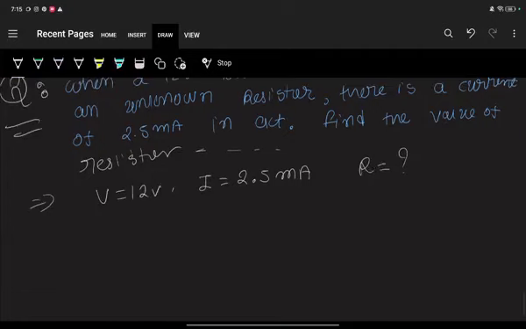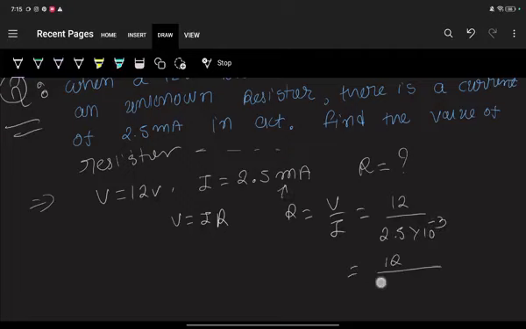Let's see. Here we are going to use Ohm's law. The resistance will be V by I. 12 volt, and it is 2.5 into 10 raised to minus 3 because it's in milliampere. So 12 by 2.5 into 10 raised to minus 3.